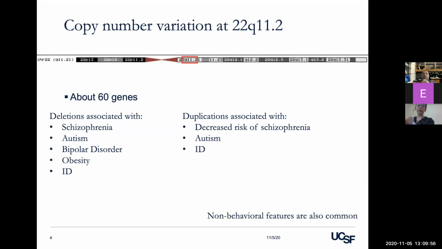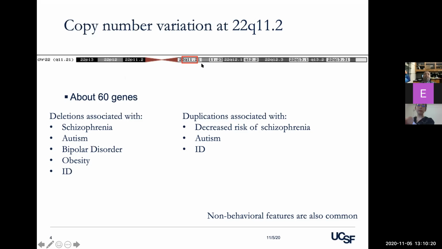The second region that I study is on chromosome 22. So 22q11.2, just to be clear, is a way to assign coordinates to genomic regions.